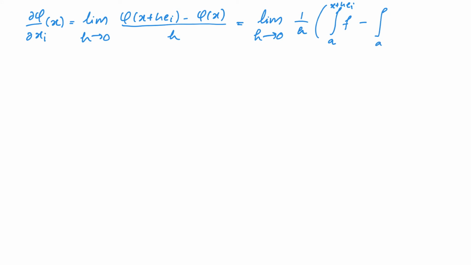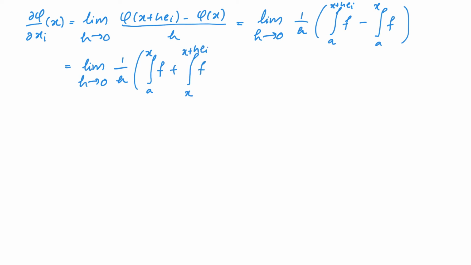Now, as the integral does not depend on the path, I can choose the path from a to x plus h e_i as a path that goes via x. In which case, I can split it into two parts, one from a to x and another from x to x plus h e_i. Therefore, I can write this integral from a to x plus h e_i of f as the integral from a to x of f plus the integral from x to x plus h e_i of f. Therefore, this entire expression can be written as the limit as h tends to 0 of 1 by h times the integral from x to x plus h e_i of f.